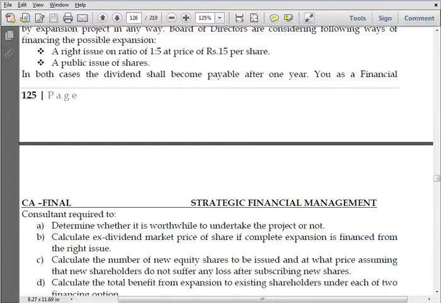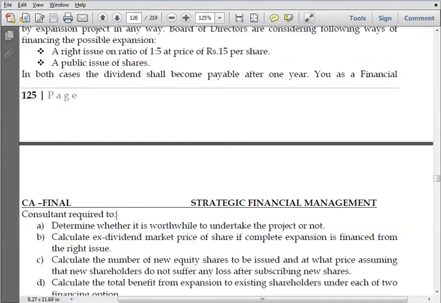Now, the moment the project is announced, the price will move up because it's a positive NPV. It's because of the project, not because of the rights issue. Then revised existing price equals 21.2 plus NPV per share.